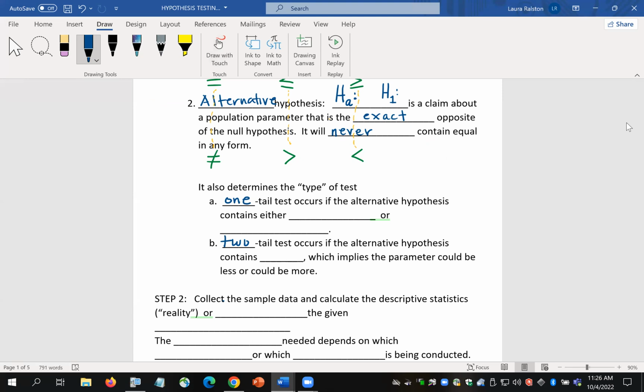That would be more obvious probably if we were doing hand calculations, but it does affect the calculations. And so we have to make sure that we identify to Minitab whether we have a one-tailed test or a two-tailed test.